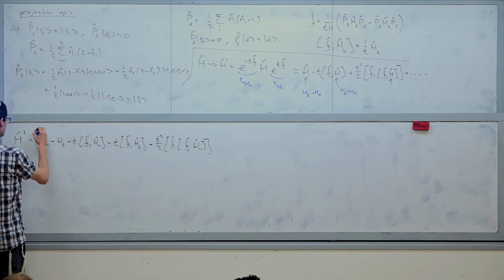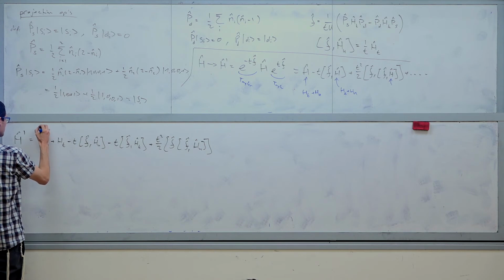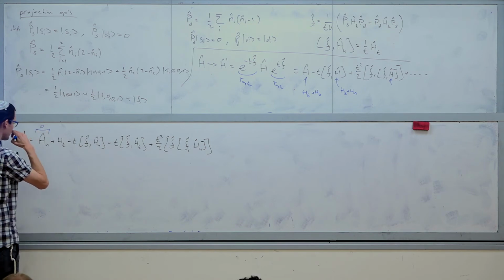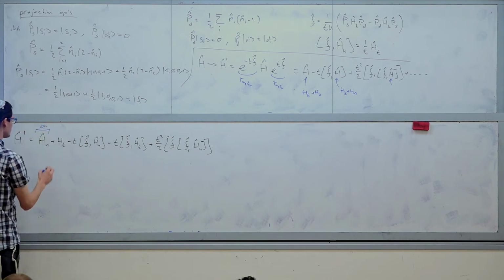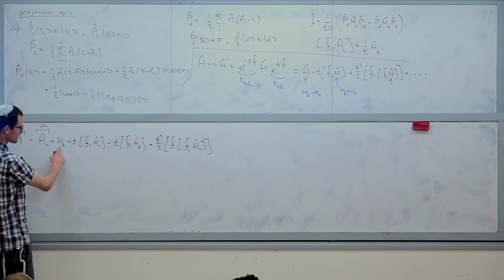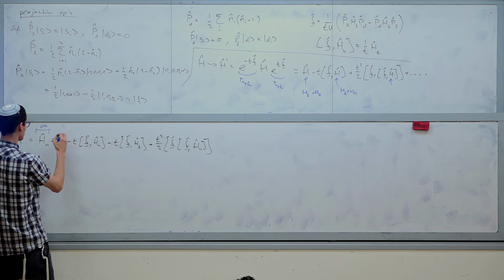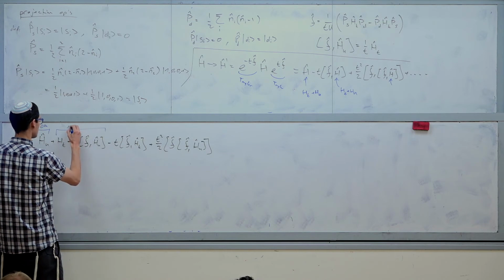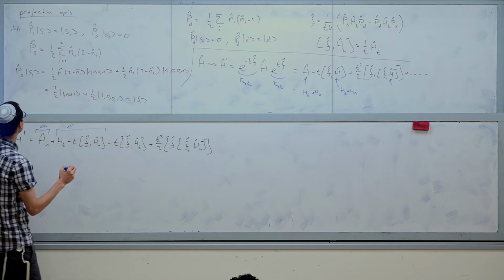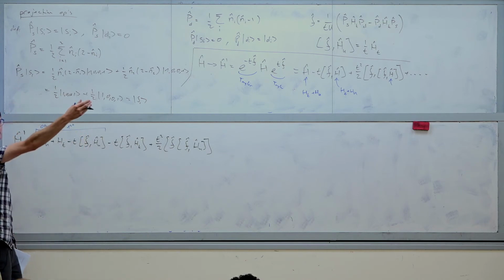So this thing here is 0th order. This thing here, HT, is first order, and so is t times HU. Why is HT first order? Because HT is equal to t times something.